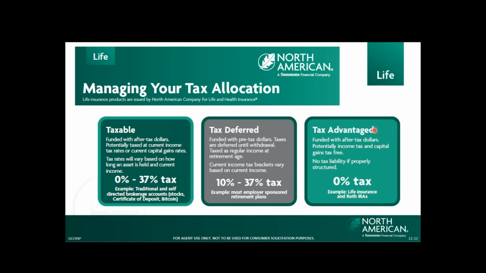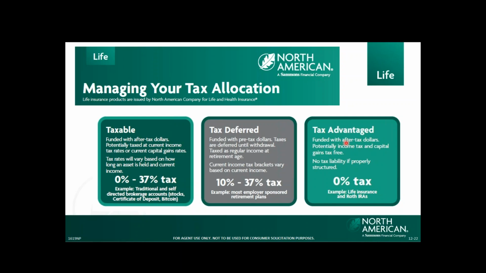And what we're going to be contrasting actually today is the tax advantage bucket. And the tax advantage bucket consists of Roth IRAs, which some people qualify for and some people do not. And the people that qualify, they're limited on how much money they can put in there. But look at this other piece that's in this bucket over here. It's life insurance.